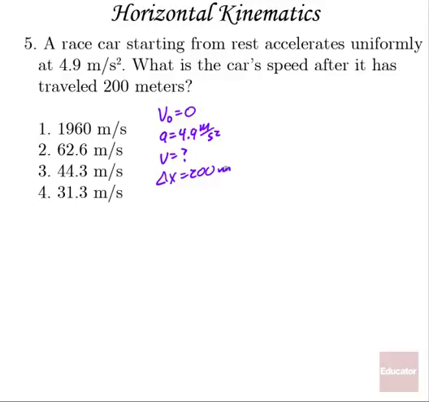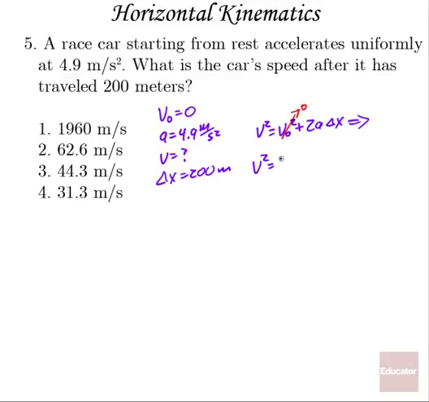All right, to do this one, I would use something like v squared equals v initial squared plus 2a delta x, which implies then that v squared is equal to v0 squared. Well, that's easy. 0 squared is 0.